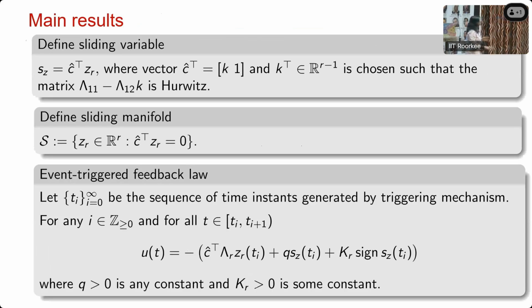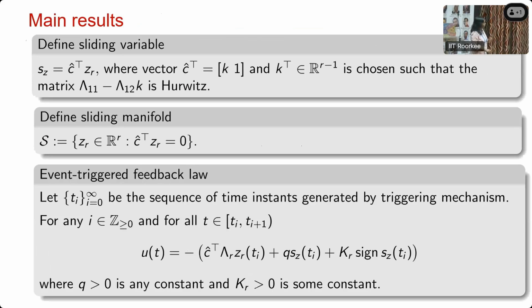But here you can note the value of this control input u at a time t, where t is fixed in this interval. It is closed at ti and open at ti plus 1. So from ti to ti plus 1, this control input u of t will be computed using this relationship.